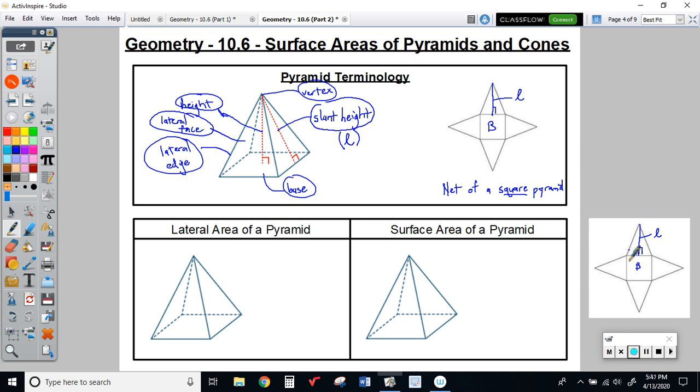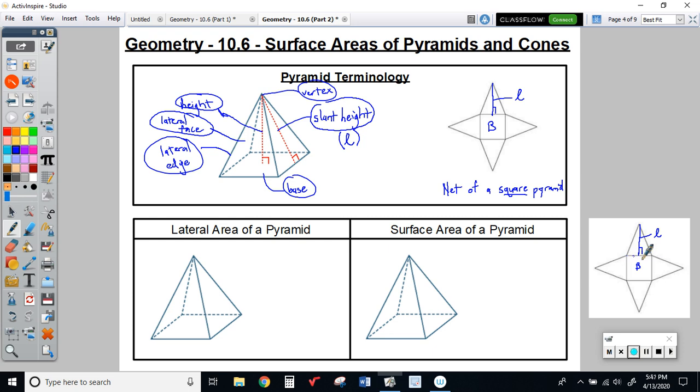If we were to find the area of all four of these triangles separately, and then put the sum of those things together, that would be the lateral area, the area of all the lateral faces. So you could do 1/2 base times height for each triangle. So 1/2 of the side length of one of these sides of the base times the slant height for each triangle. But if you did perimeter, you would do all four bases at the same time.